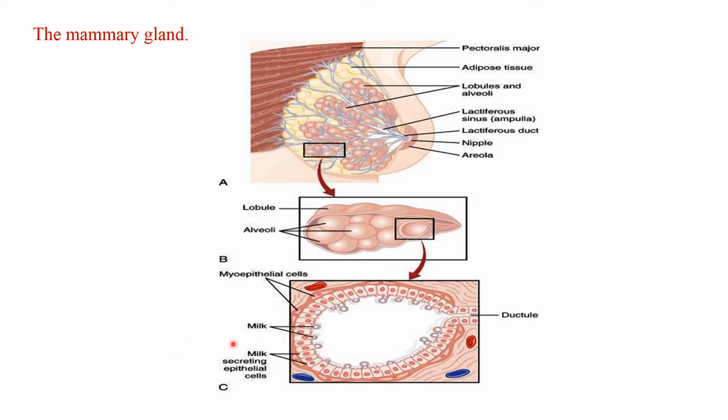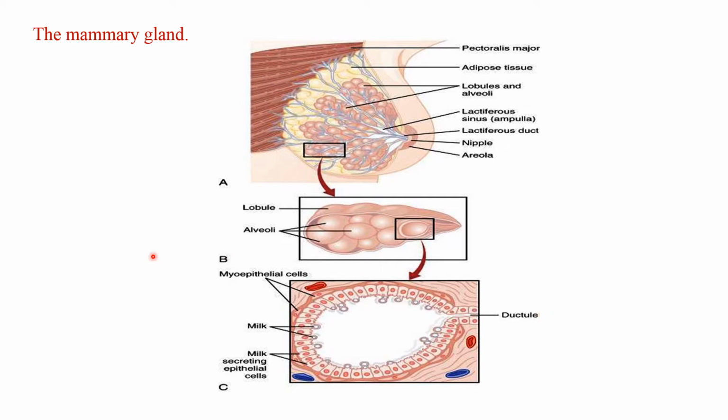Now their activity is under the control of prolactin. Also surrounding this gland are the myoepithelial cells, and these are smooth muscle cells. Once they contract, they squeeze the milk, and the milk will go through the duct system of the breast, and it will be sucked by the baby during breastfeeding.